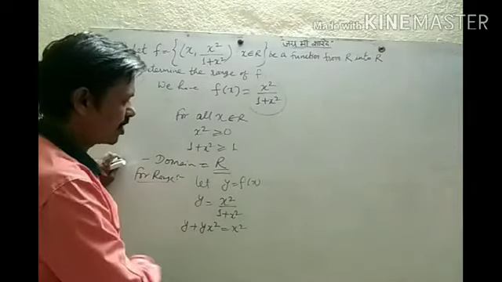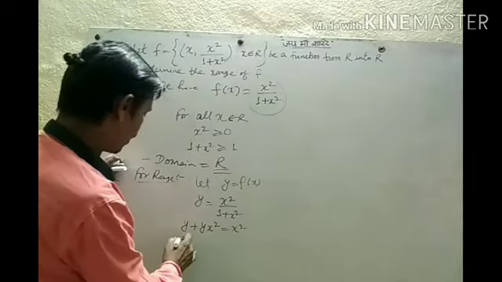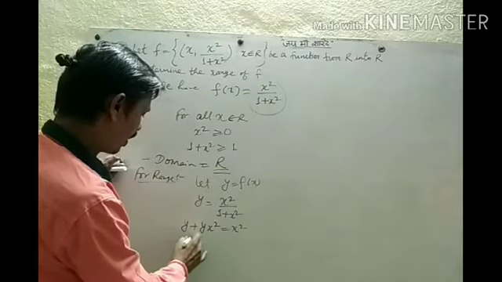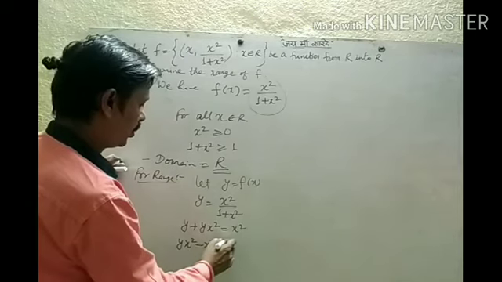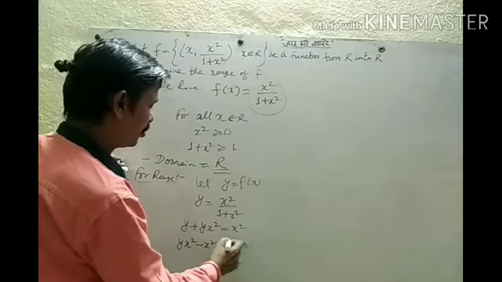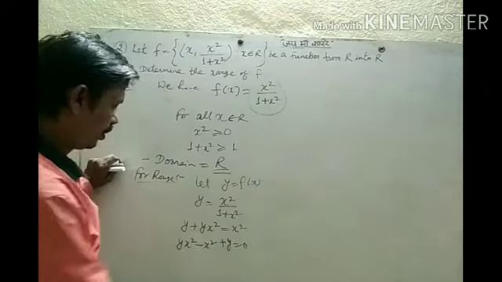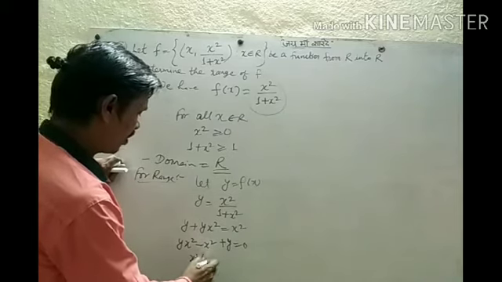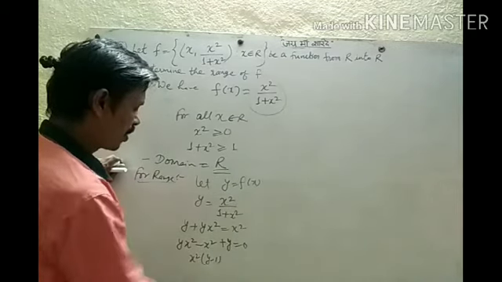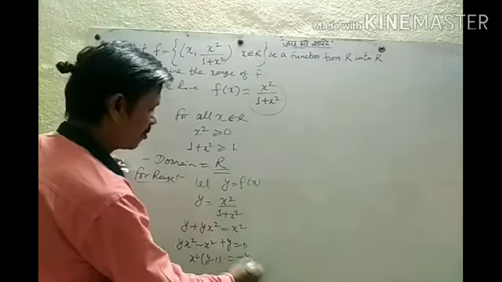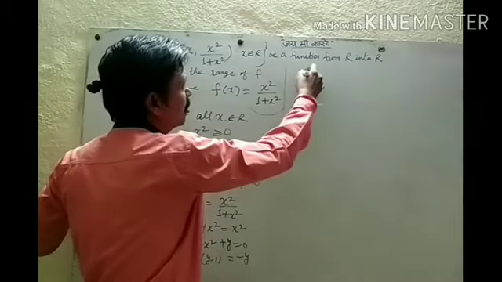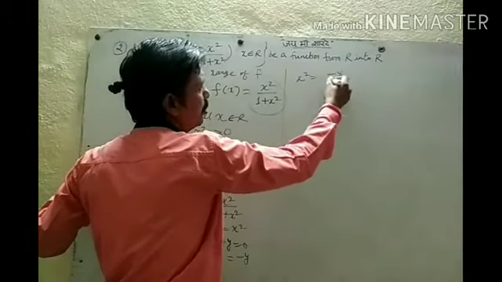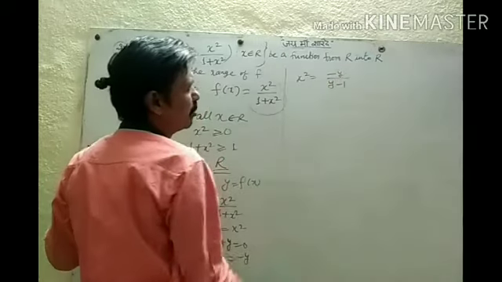Then bring all terms containing x to one side. So y x square minus x square plus y is equal to 0. So if we take x square common, we get y minus 1, and y you can send inside, we get minus y. So what we have now? x square equal to minus y upon y minus 1.